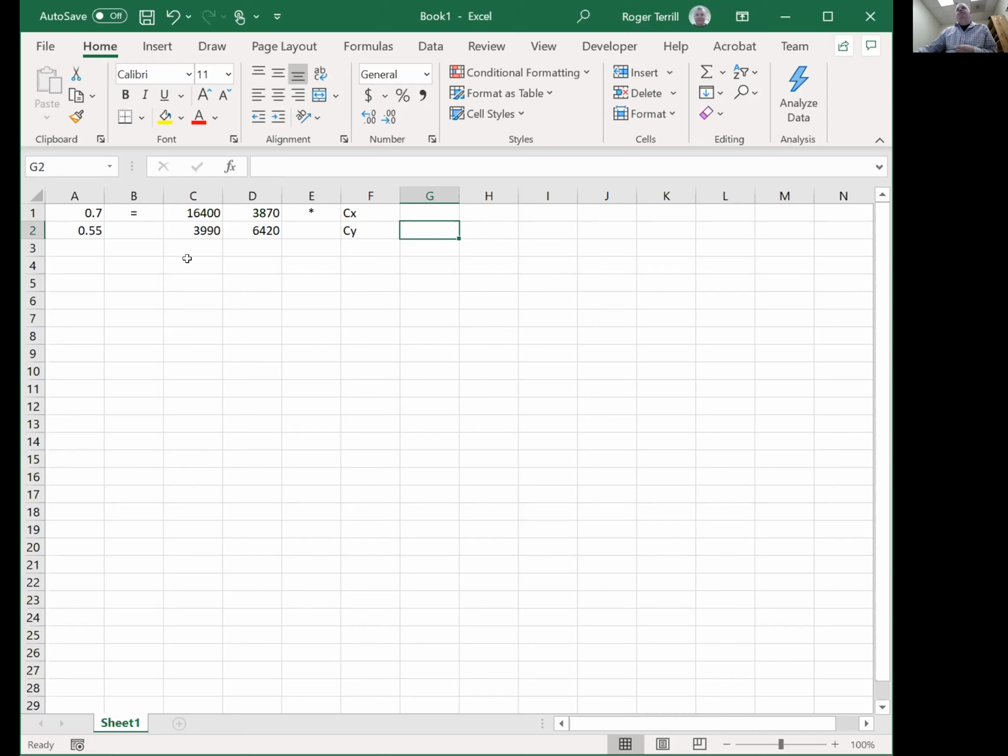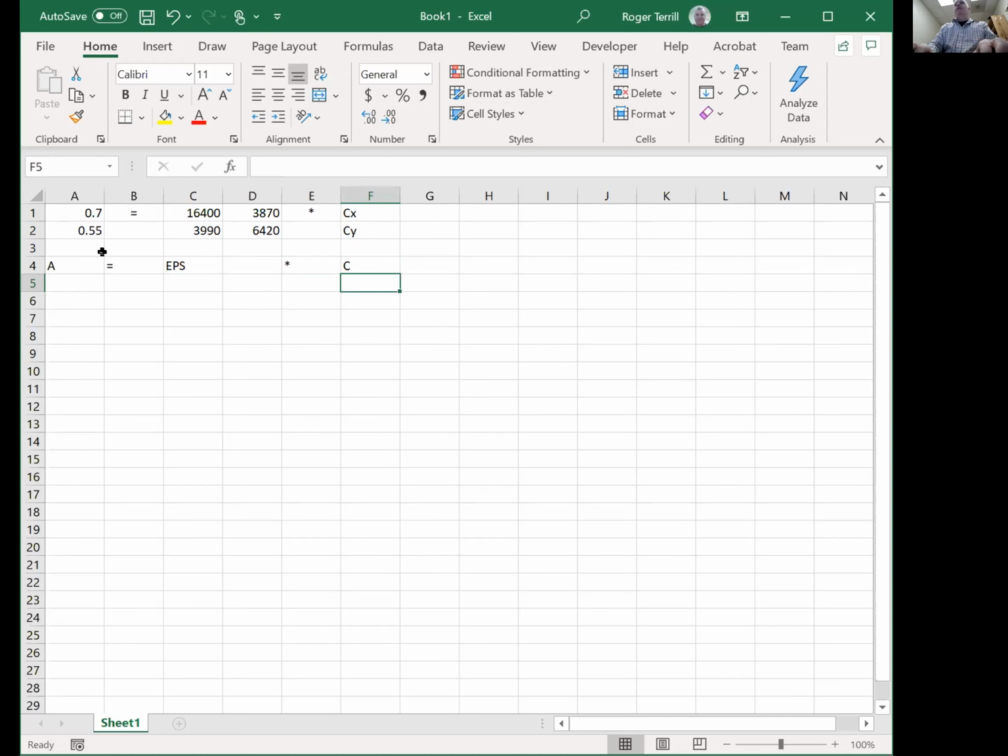Let's call this capital A. Capital A is equal to epsilon times C.